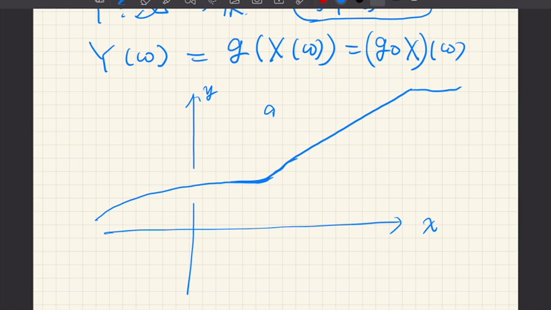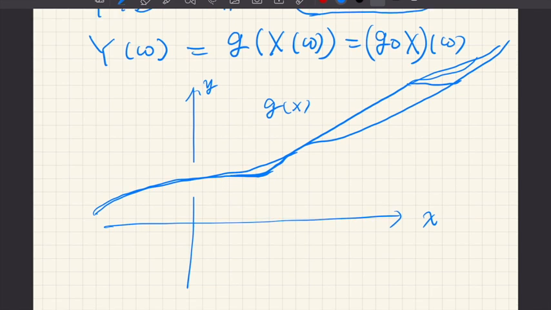So g should look like this. Okay, it will never decrease. It just keeps increasing. Sometimes fast, sometimes slow, but it's just increasing.